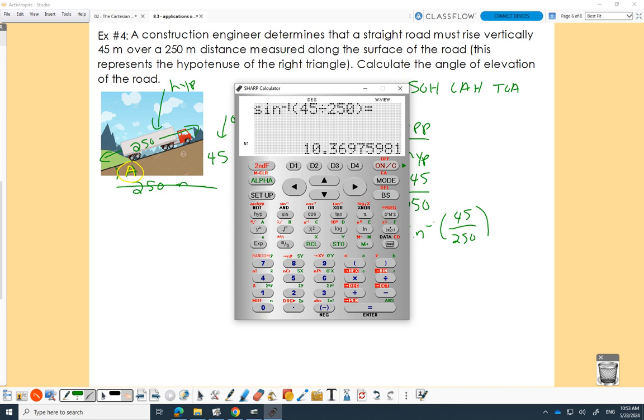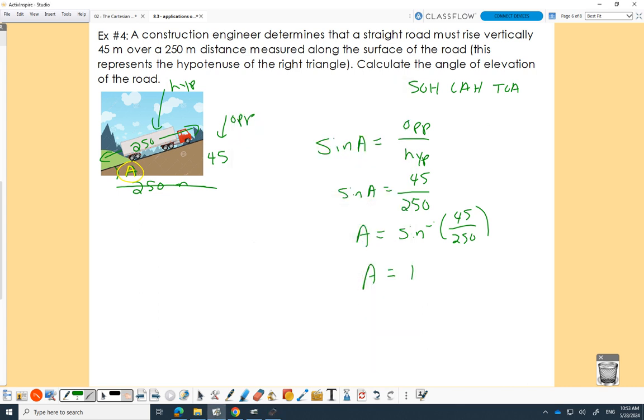I get 10.4 degrees. Therefore, the angle of elevation is 10.4 degrees. Still pretty serious angle, actually. Even 10 degrees on the road is a pretty serious angle. Doesn't sound like much, but.